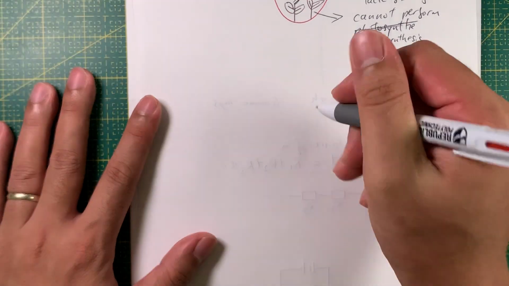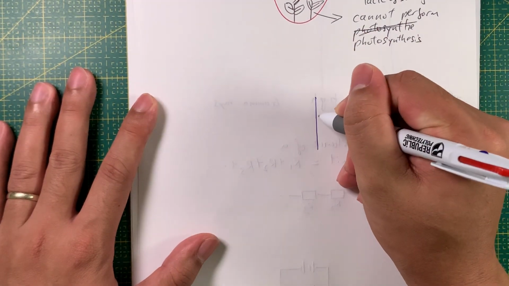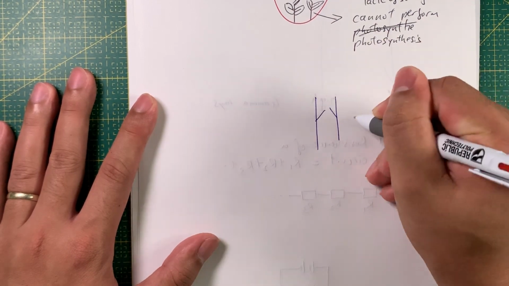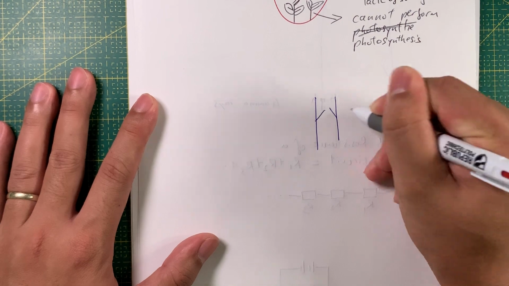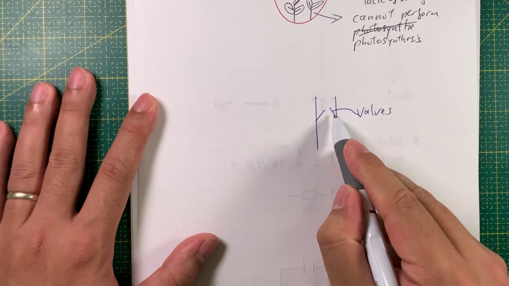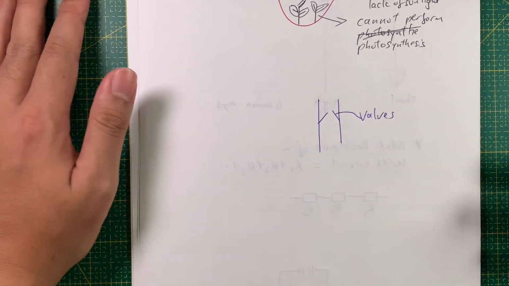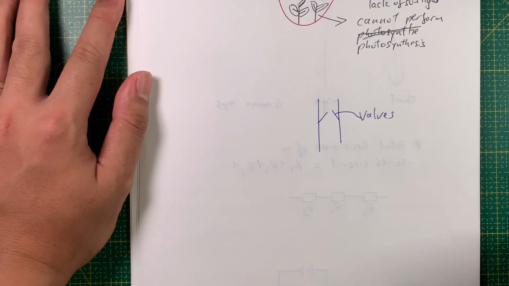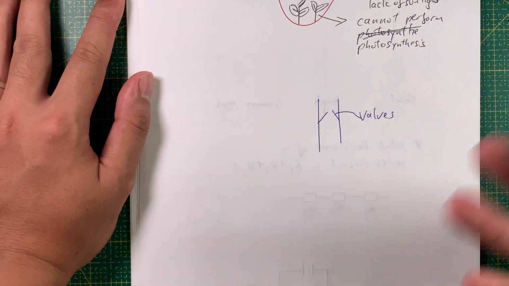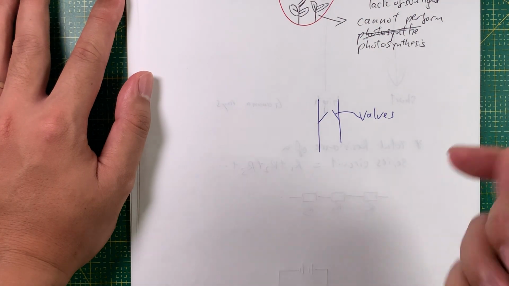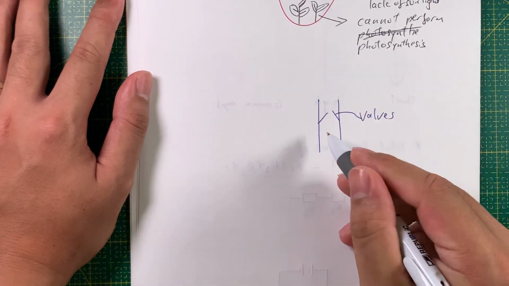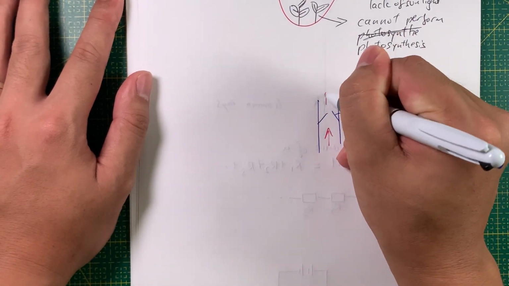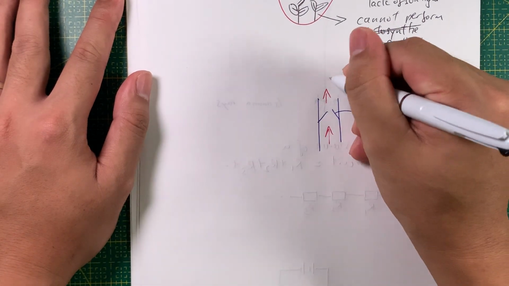So for those who have forgotten about the valves in the vein, basically we have valves like this. So what is the valves? This is the valves. Okay, it's like a gate to prevent the blood from flowing backwards. So how do we know which direction the blood should be flowing in this case? Basically, you see the arrow. The blood will have to flow this direction. Okay, blood flow.